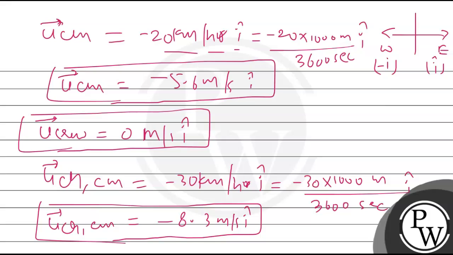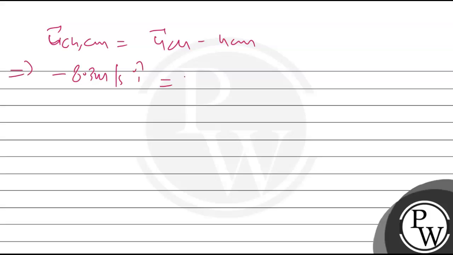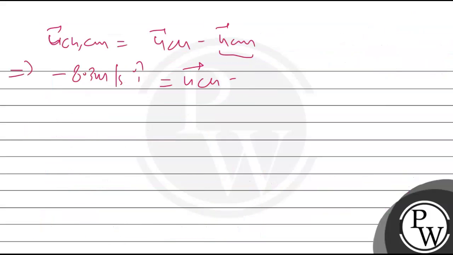Now we can write U CH,CM is equal to U CH minus U CM. As we know, this value is minus 8.3 meter per second i cap, equal to the initial velocity of the cheetah minus the velocity of the cameraman, which is minus 5.6 meter per second i cap.